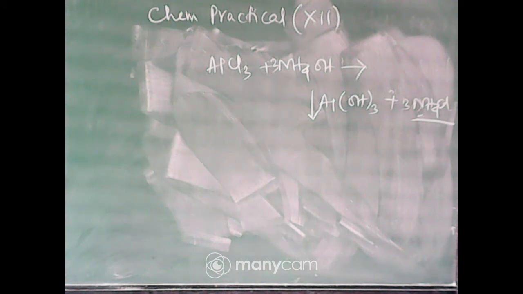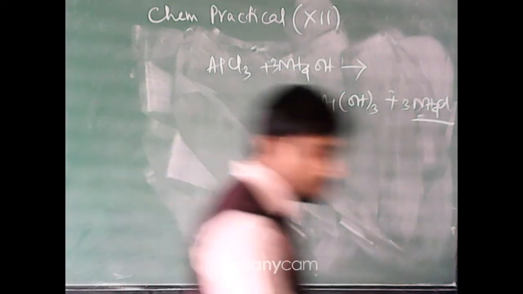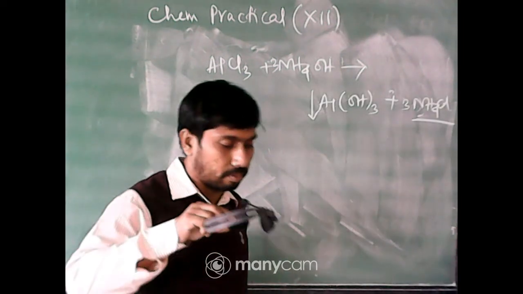Next group, that is group 5. Group 5 has barium, strontium or calcium.